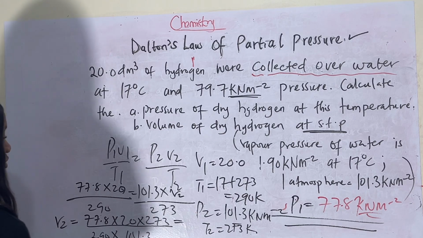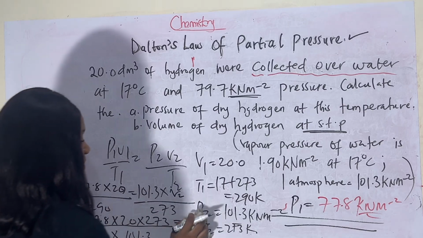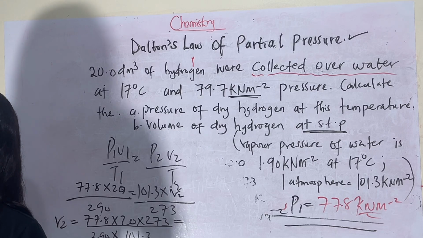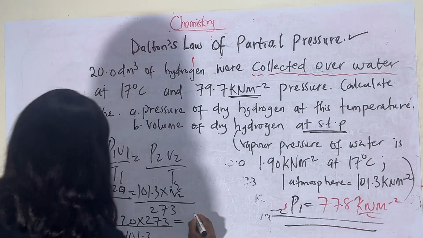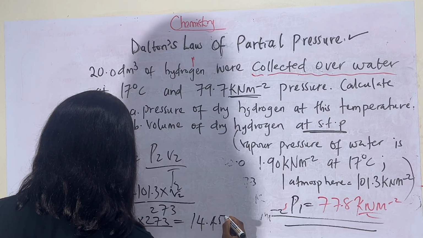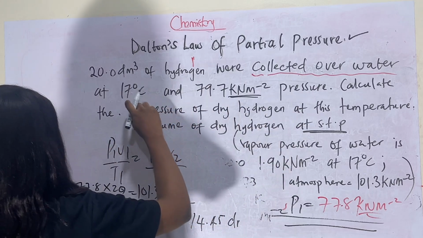Calculating this gives 14.45 dm cube. So I have my volume in dm cube.